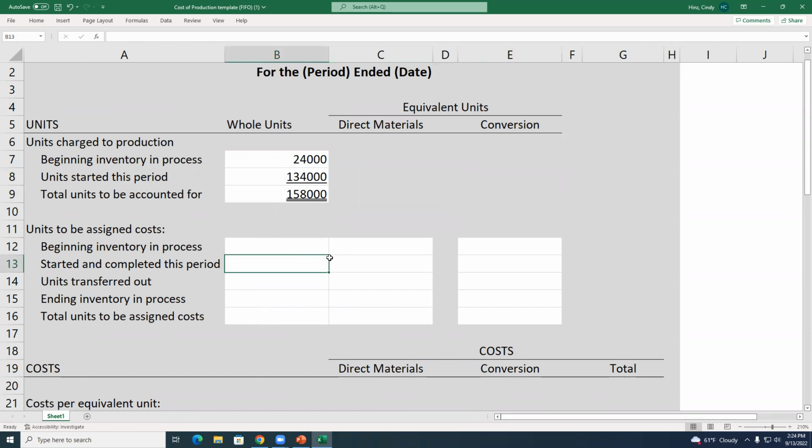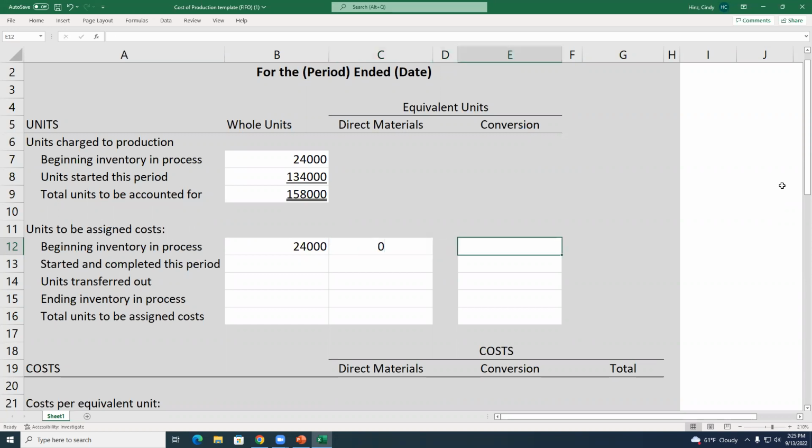Okay. So our question is, where are those 158,000 units? Well, if we're using the FIFO system, first in, first out, the first thing we do is finish up that beginning inventory of 24,000 units. We still have the assumption, as we will for every single exercise, that all the direct materials are added at the beginning of the process. So these units were not started in December, they were started in November. Did we add any more direct materials in December?